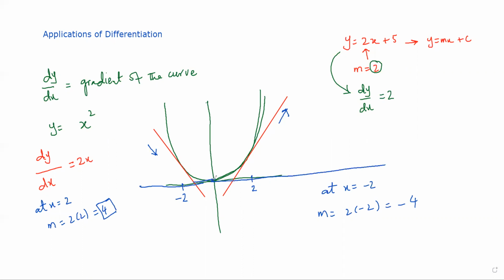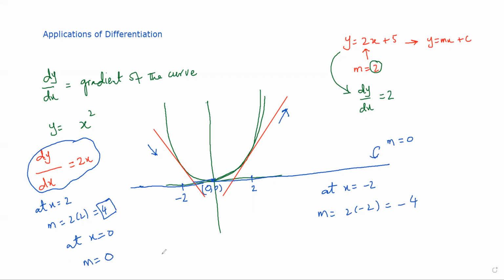So this is a horizontal line. What is the gradient of a horizontal line, guys? Yeah, 0. This point is 0 comma 0 over here. So if you put x equal to 0 into this derivative, you will get at x equal to 0, m is equal to 0.